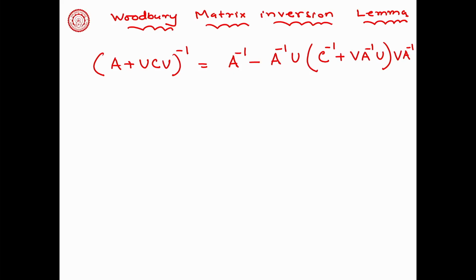Please verify this. I think I have written it correctly, most probably it is correct. This is basically the matrix inversion lemma. If you have something of the left hand side form, it is equivalent to writing it in the right hand side form. There is one mistake I can see immediately, there is an inversion here.